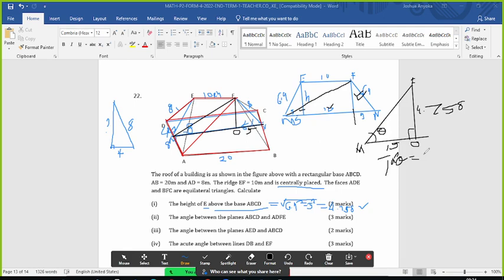So tan theta is equal to 4.758 over 15. Tan inverse. What is theta? Theta is equal to what?